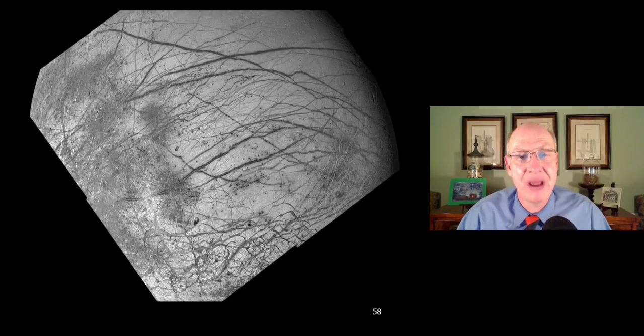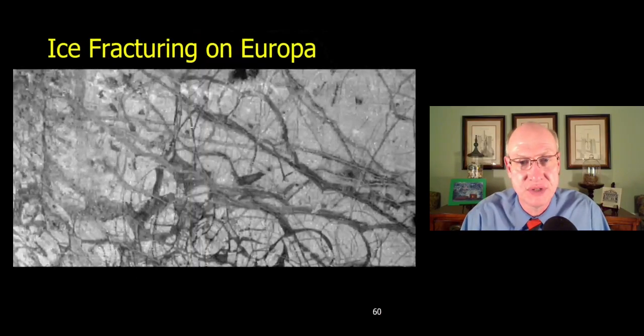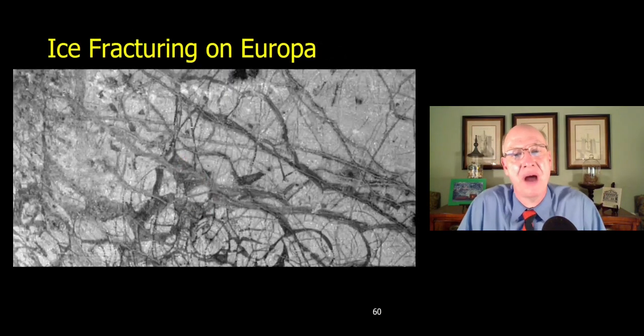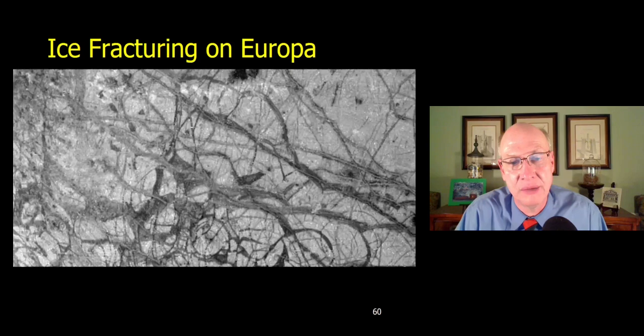Now, what's fascinating about Europa's surface are these large cracks that we see. These large cracks have clearly been filled in by some material welling up underneath that is darker in color. And we have a number of pieces of good evidence that what is going on underneath the icy surface of Europa is a liquid water ocean.